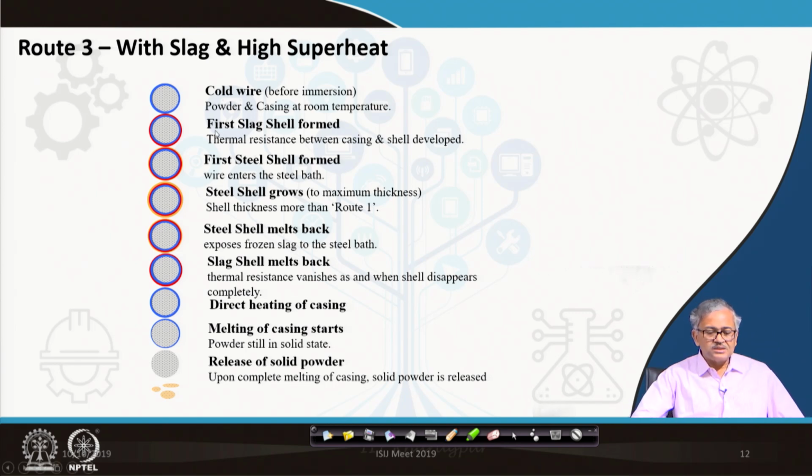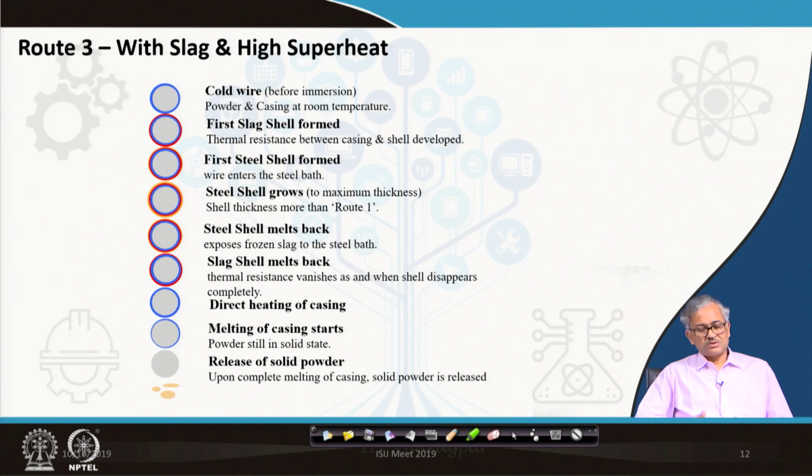So first the slag shell forms, and then the steel shell forms, then the steel shell grows, the steel shell melts back, and then the slag shell melts back, then direct heating of the casing, melting of the casing, and then powder release. Again the powder is released in the solid form, but it is a little more preheated.